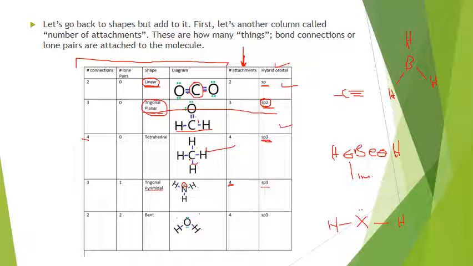And water has 4 attachments, 2 bonds, 2 lone pairs. The hybrid is sp3. So if we look at the center atom, we can figure out how many things are attached to it. We can figure out its hybrid orbital.